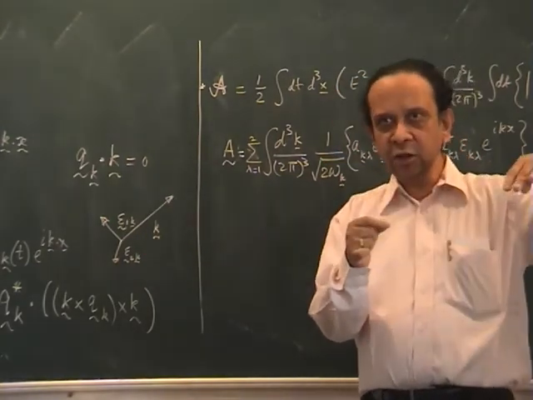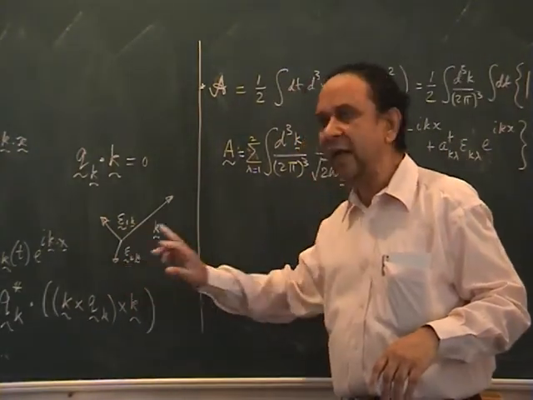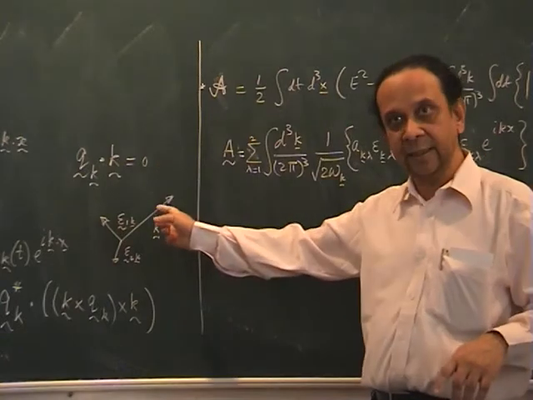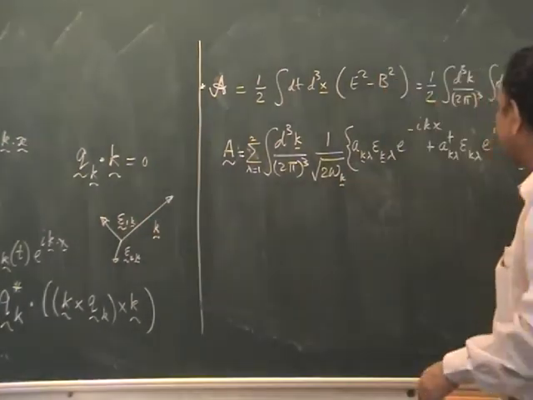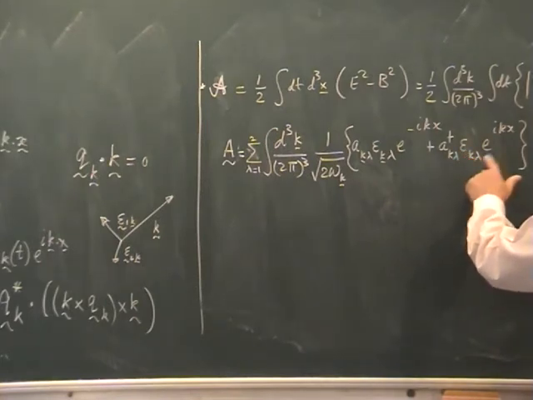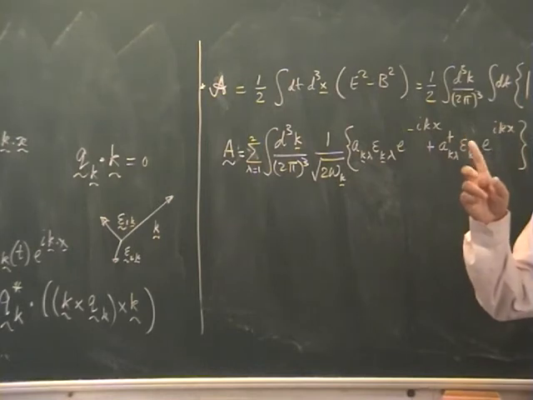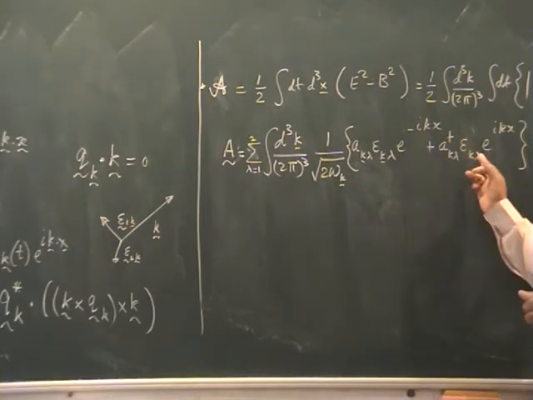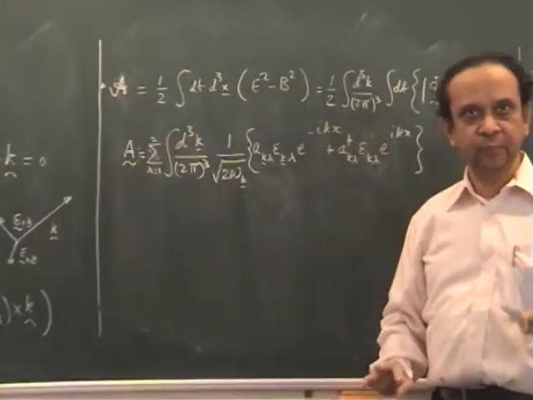Then in the plane orthogonal to it, with some right hand rule or whatever, you introduce an epsilon 1 and epsilon 2 vector which depends on k. So for every k you have these two vectors. That is what you denote by epsilon_k lambda. The lambda is 1 or 2.